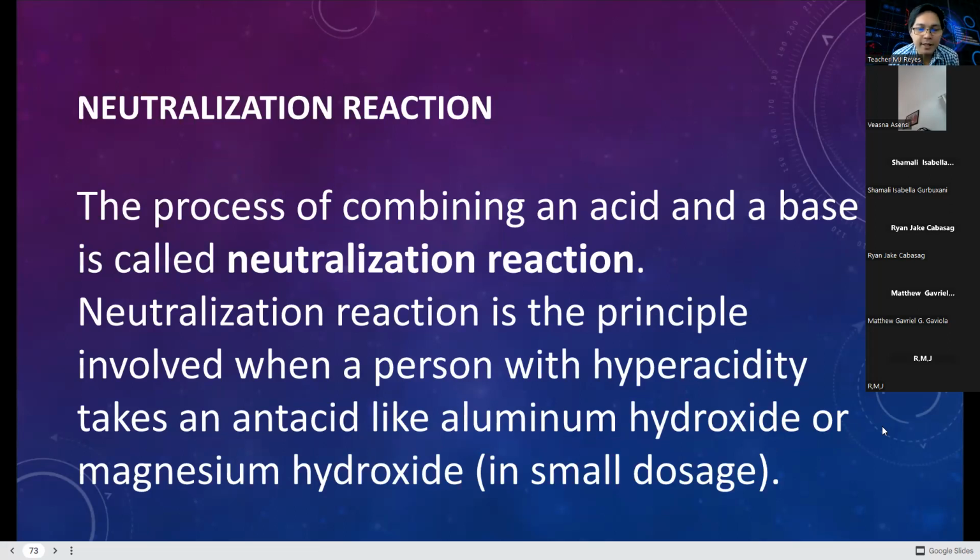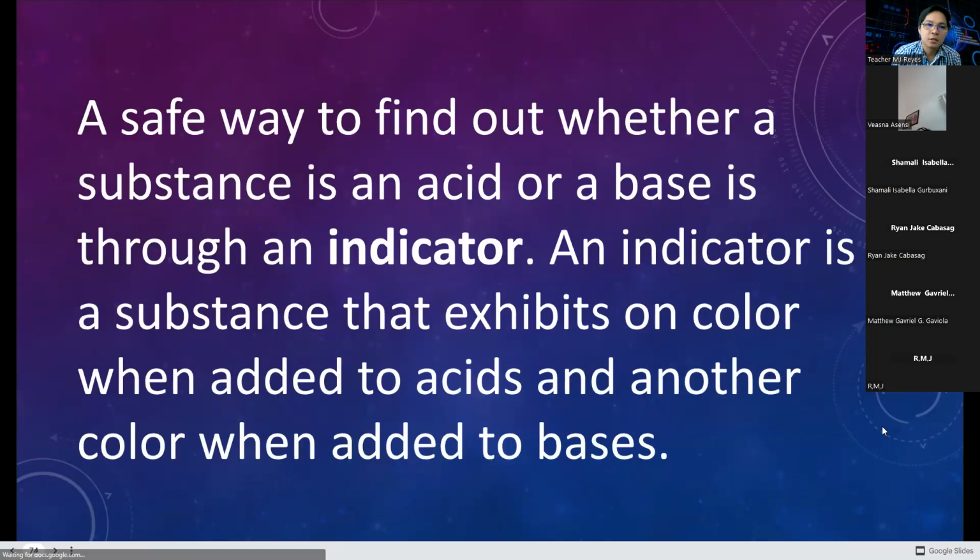Please take down notes. Neutralization reaction is the principle involved when a person with hyperacidity takes an antacid like aluminum hydroxide or magnesium hydroxide in small doses to neutralize the acid in the stomach. That is actually a neutralization reaction.